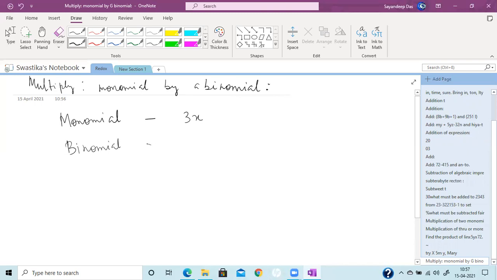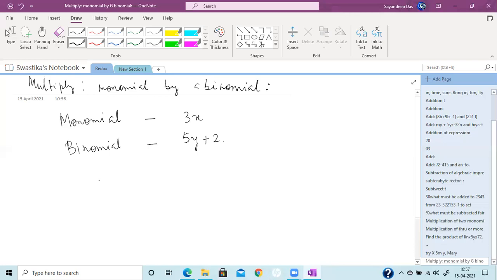Binomial, the expression which is having two terms, that is 5y plus 2. So one is the monomial 3x, another is the binomial 5y plus 2, and you are asked to multiply this monomial by a binomial.